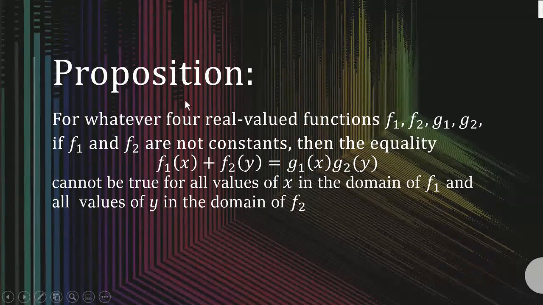In this case, the proposition says that for whatever four real valued functions f1, f2, g1, g2, if f1 and f2 are not constants, then the equation f sub 1 of x plus f sub 2 of y is equal to g sub 1 of x times g sub 2 of y cannot be true for all values of x in the domain of f1 and all values of y in the domain of f2.